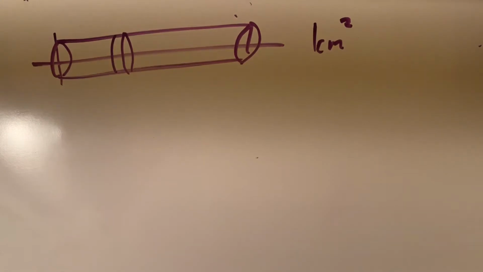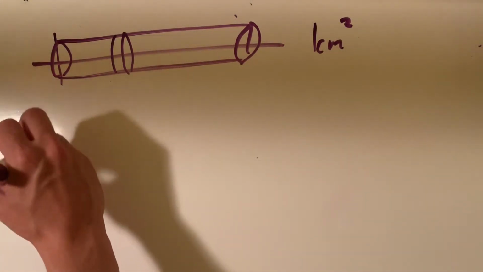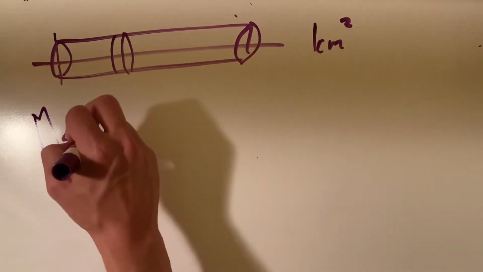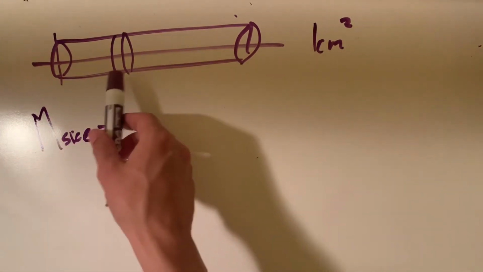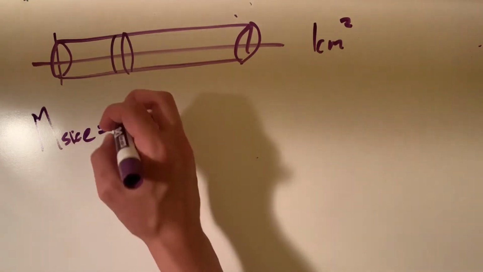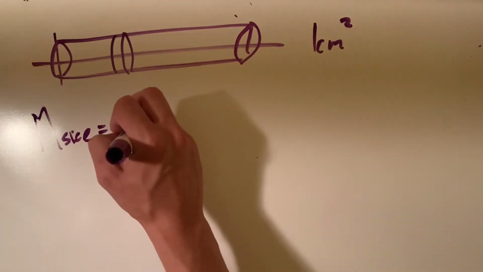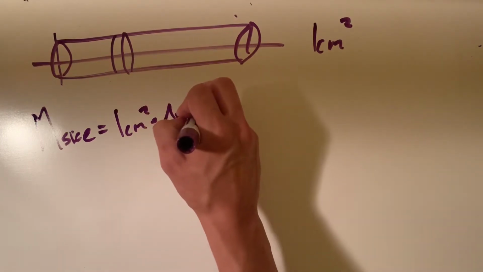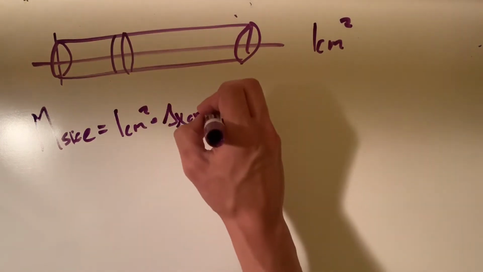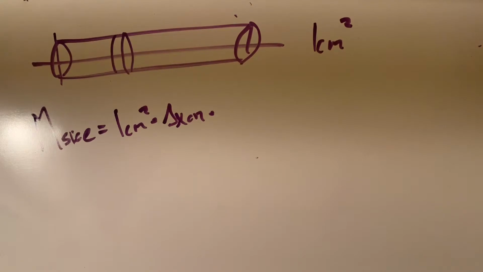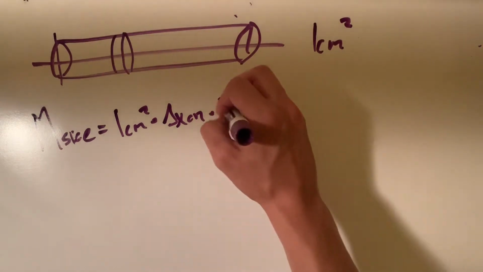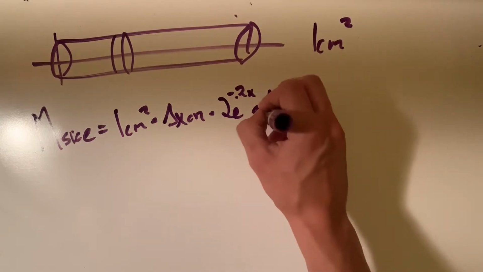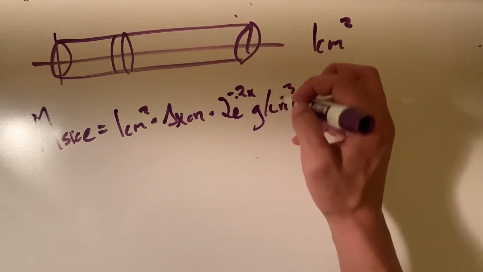Now, in order to make sure we did the slice right, we can go back and say that m slice equals the cross-sectional area we established as 1 centimeter squared, so 1 centimeter squared times delta x centimeters, since that's just in one dimension, times 2e to the negative 0.2x, which is in grams per cm cubed.